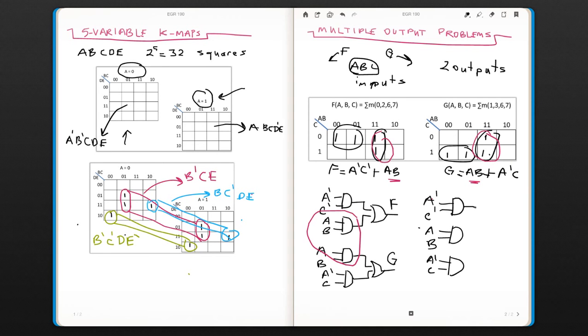So this is going to go to an OR gate that will give us F, and this again will go to another OR gate which will give us G. So we use the same gate for both outputs, so there's one less gate.